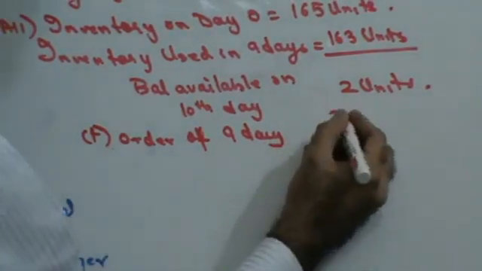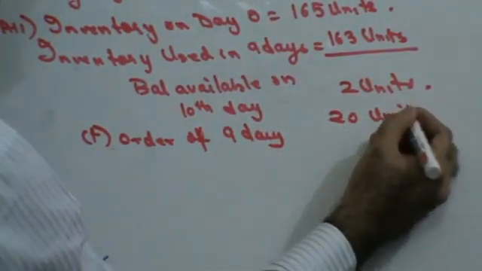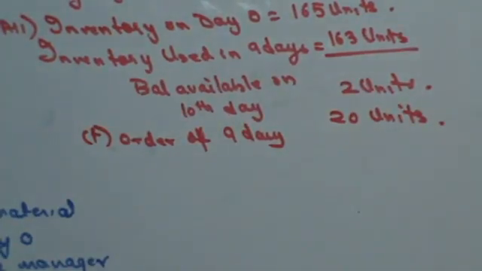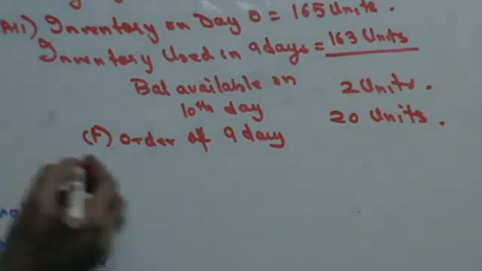I'll place an order for 20 units. So, starting from the 9th day, I'm going to place an order up till the 14th day, because for 15th day, the order will be placed on 14th day. So, how many orders am I placing? 9th, 10th, 11th, 12th, 13th, 14th. 6 orders I'm going to place.